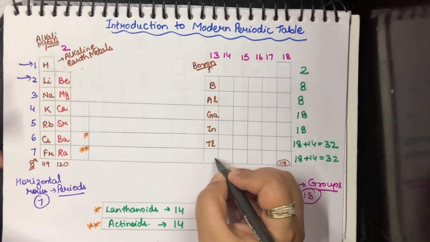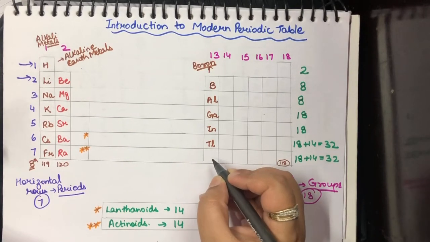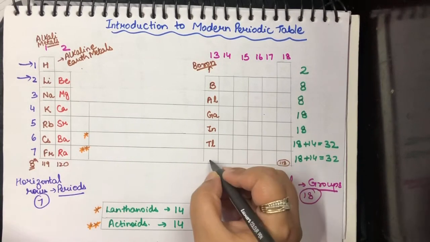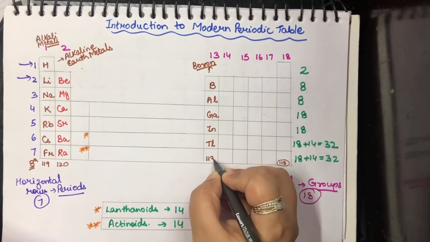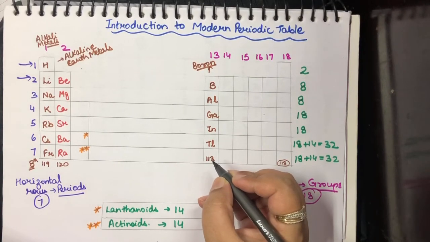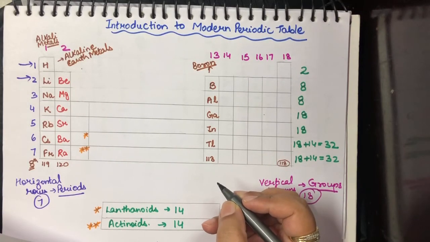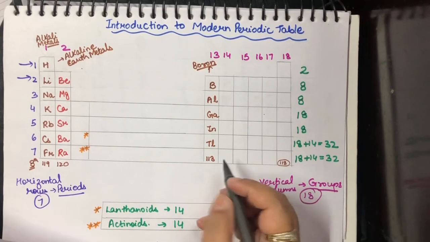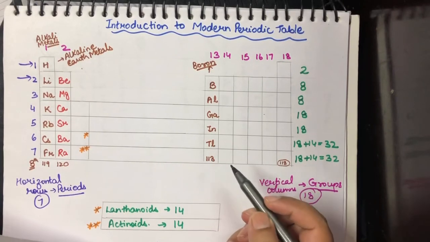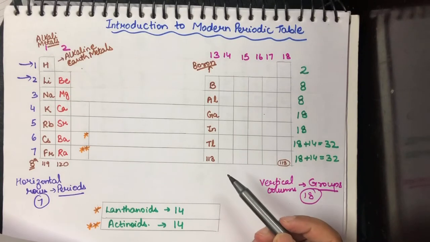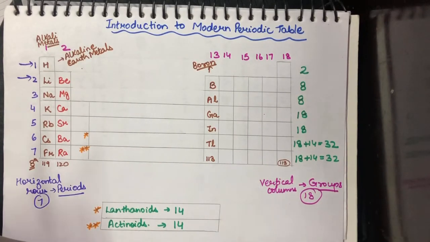And here the last element is not named as yet, but I can tell you that the atomic number that this element will have is 113. The name is not yet discovered, so the element can be remembered by its atomic number. I will also tell you a unique IUPAC name that has been given to learn the nomenclature.